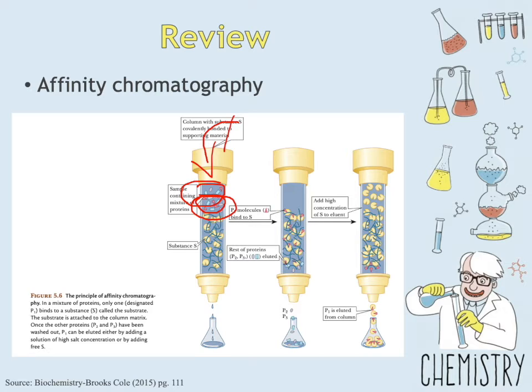First is P1, the protein that is bound to the substrate, which will stay, and the other proteins that were not able to bind to the substrate will be eluted or washed out from the solution. And the protein that is bound to the substrate will need a high concentration of substance for it to be eluted.